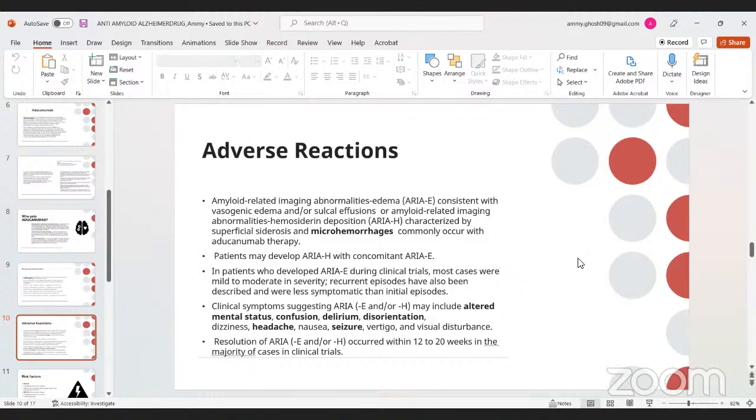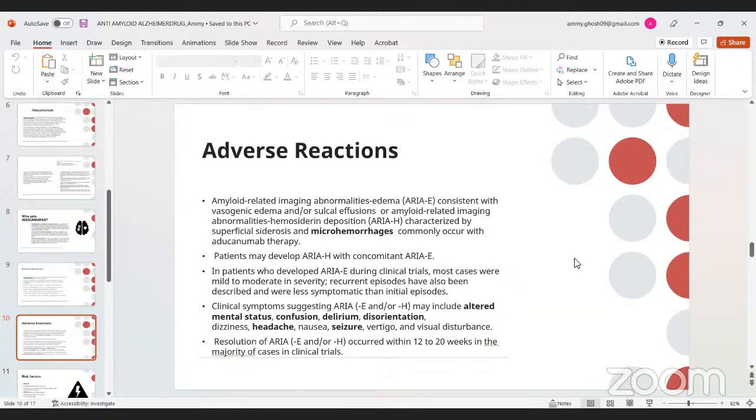In patients who developed ARIA-E during clinical trials, most cases were mild to moderate in severity. Recurrent episodes have also been described and were less symptomatic than initial episodes.